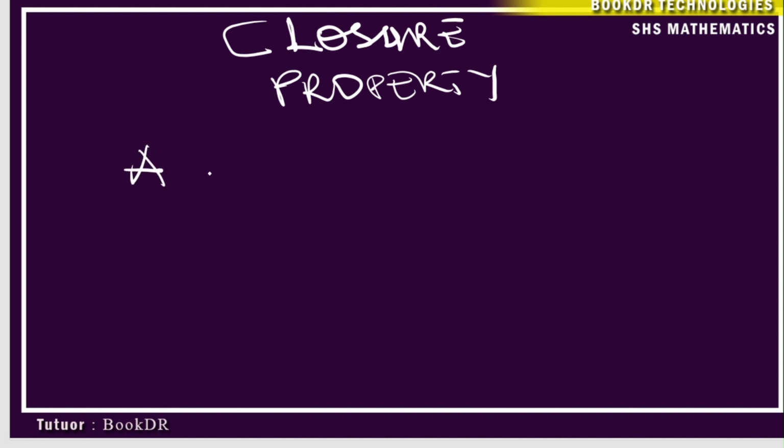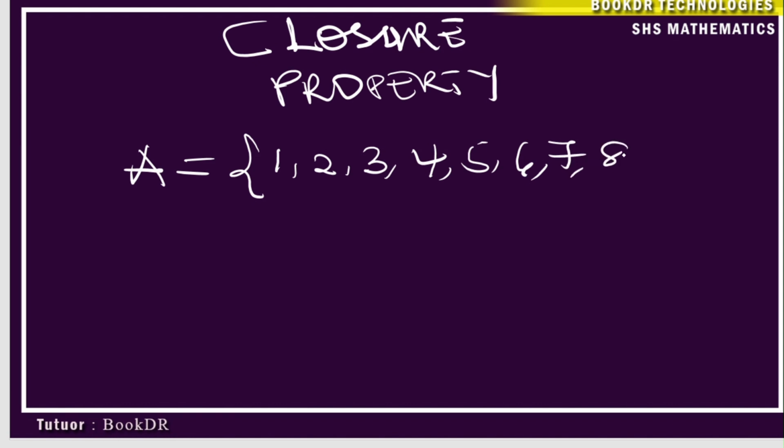When you have A, which is a set with the elements 1, 2, 3, 4, 5, 6, 7, 8, 9, and 10.